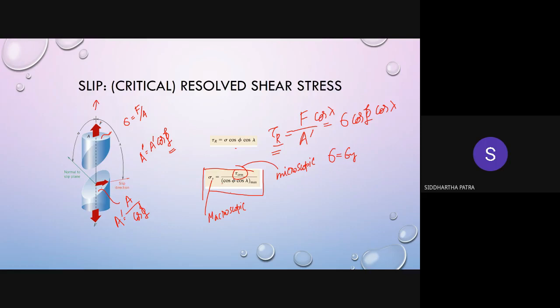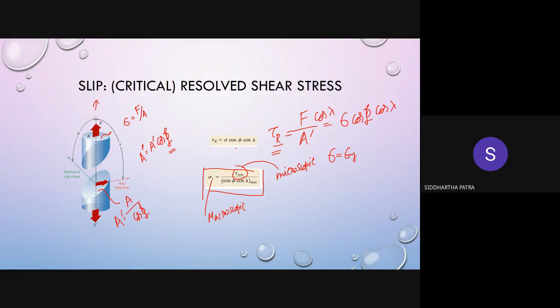For example, shear deformation is volume preserving. If you recall the torsional deformation, I'm talking about shear even in elasticity. There we made a lot of assumptions before deriving all the equations, like tau equals 16T by pi d cubed. We assumed that the radius of the shaft doesn't change, the length doesn't change, essentially the volume doesn't change.